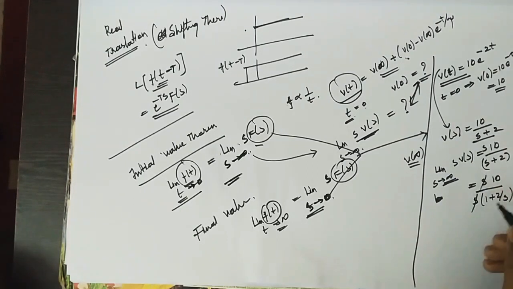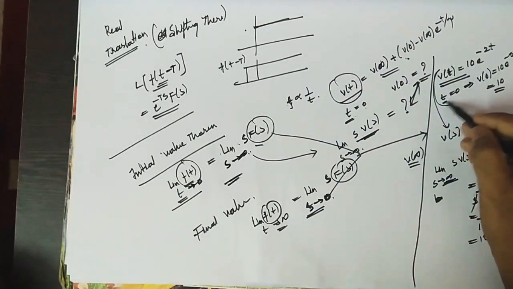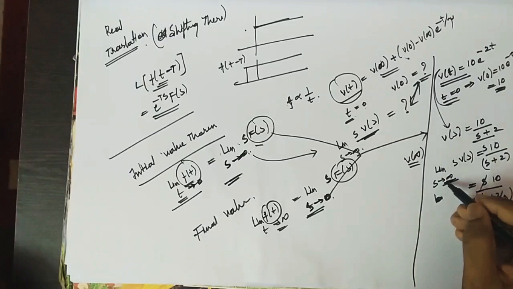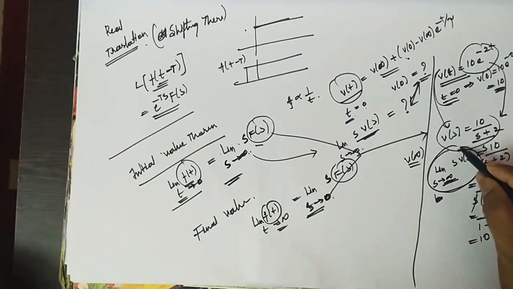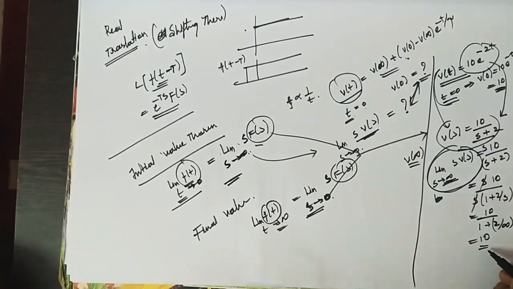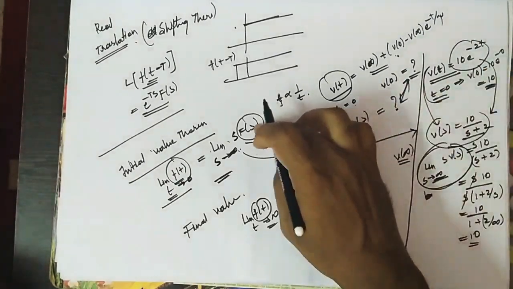You cancel both s's and substitute infinity: 10 by 1 plus 2 by infinity. Since 2 by infinity is 0, this is 10. So in the time domain at t equal to 0 you got 10, and similarly by converting into Laplace and applying this formula you also got 10. This is where you use the initial value theorem.